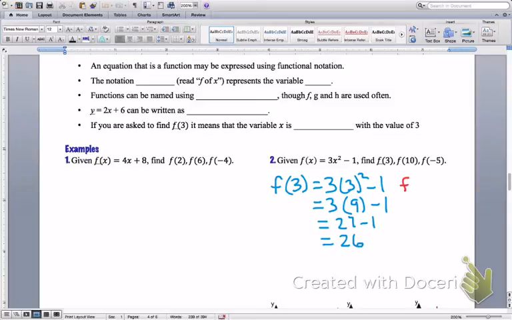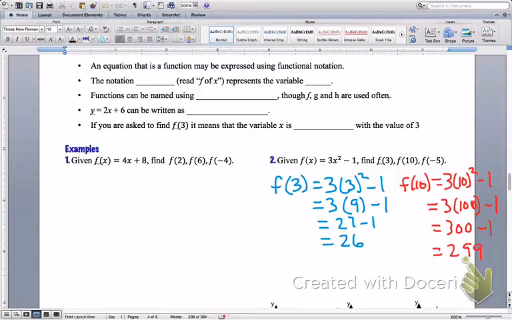So f of 10 is 3, 10 squared minus 1. Then we get 3 times 100, exponents go first, minus 1. 3 times 100 is 300, minus 1, which gives us 299.